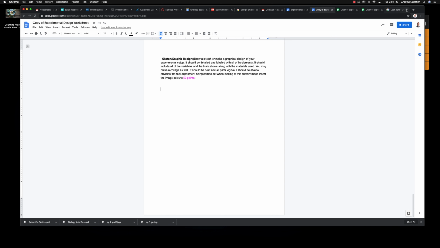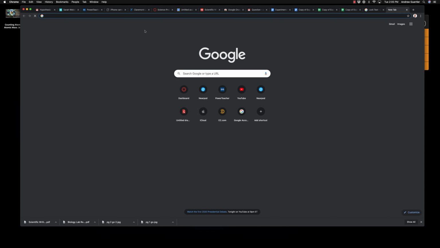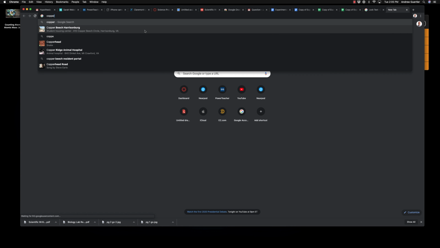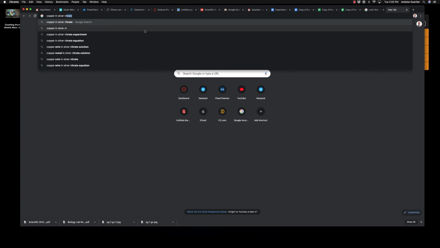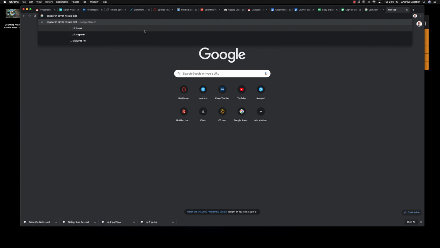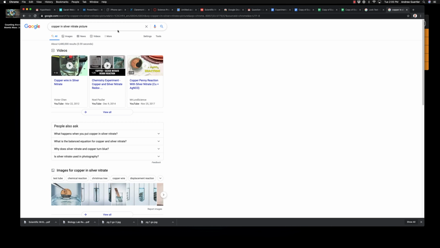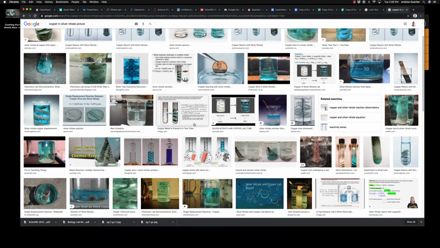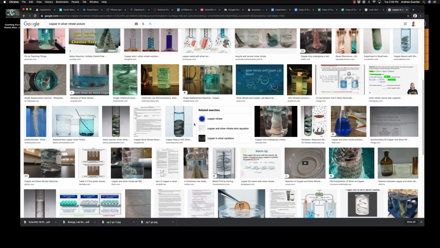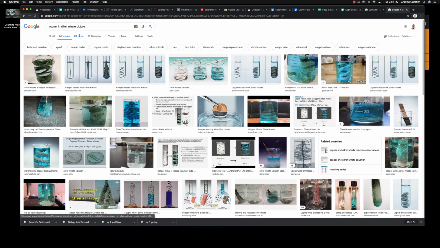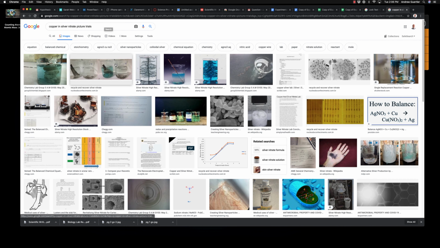So I'll just take a random picture, maybe I can even see this. Let's do a copper and silver nitrate picture, and let's just show you how to upload a picture. Let's pick a pretty picture, maybe with multiple trials in it. Here we go.